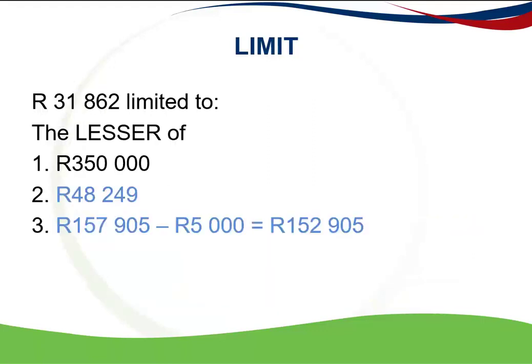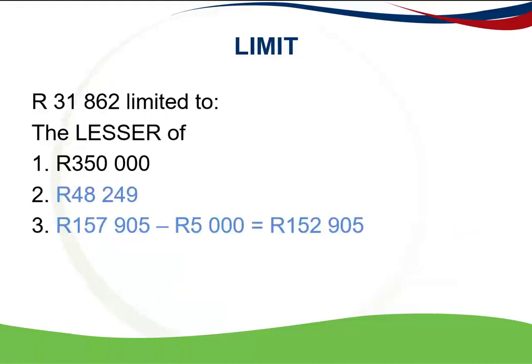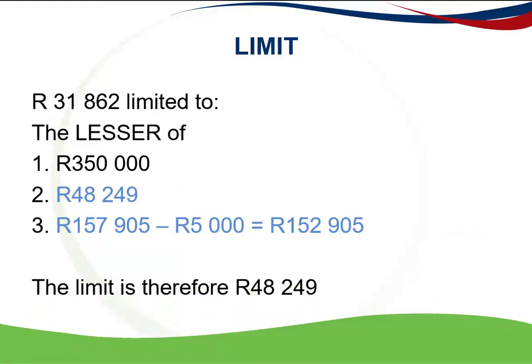Okay, so the next thing that we need to do then is to work out between those three amounts. And you'll see all that I've done here. If I go back to the previous screen, I've just taken the three amounts of 350,000 Rand, the percentage limit that worked out to 48,249, and the taxable income of 152,905. And I need to say, okay, so what's the lesser of those three? And the lesser is obviously the 48,249.